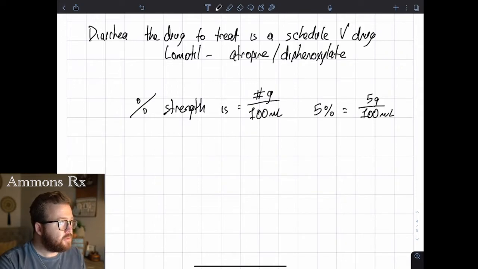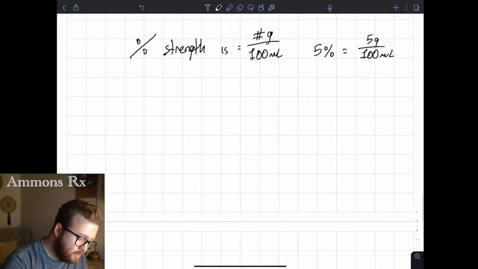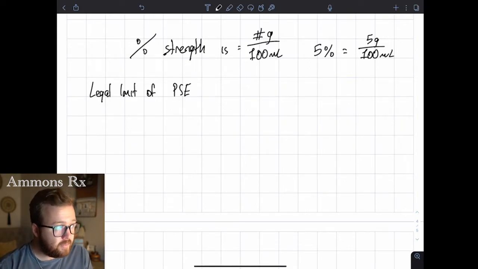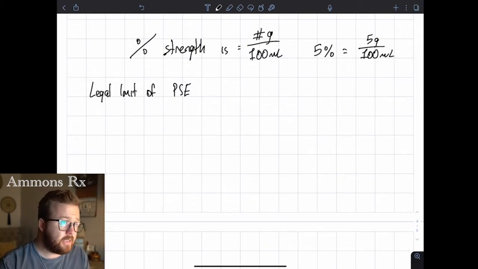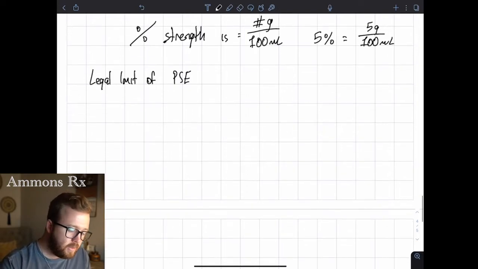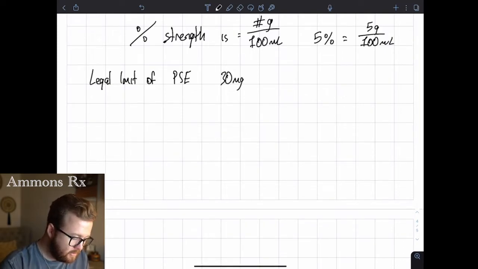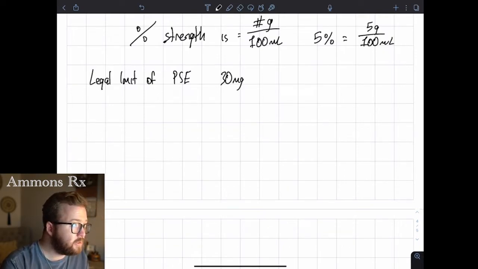Amount of pseudoephedrine. So legal limit of PSE, the abbreviation for pseudoephedrine. Remember back in the SimLab days where we had to have the person's ID, had to run it through the system, had to document it before they could pick it up. For a 1-day limit, if they're 30 milligrams each, pretty sure it is 3.6.